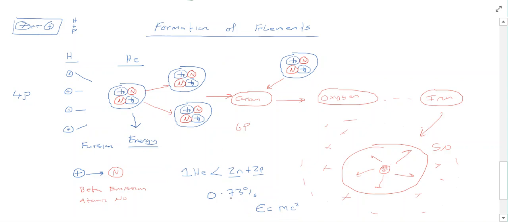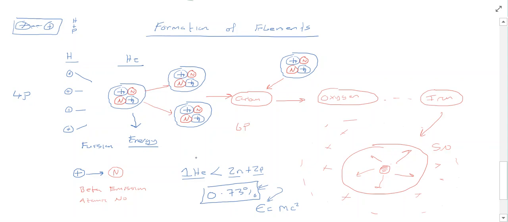So with this, we can see that this difference in the mass of the helium and the mass of the components that make up helium is accounted for in energy. What actually happens is this mass difference gets converted into energy. And that's why this holds true as well.